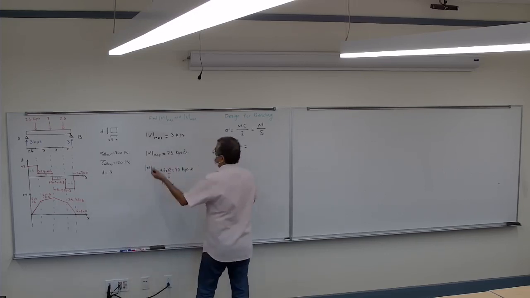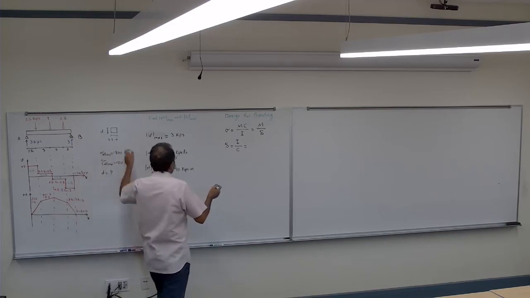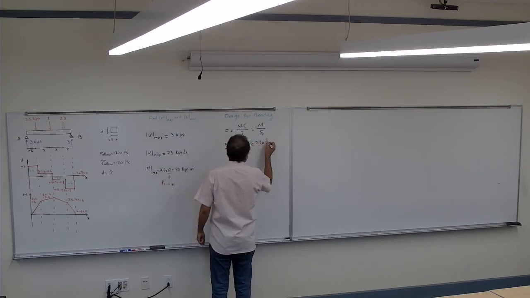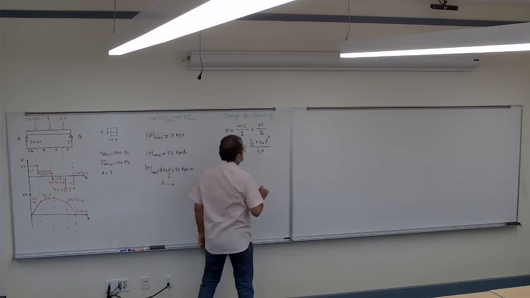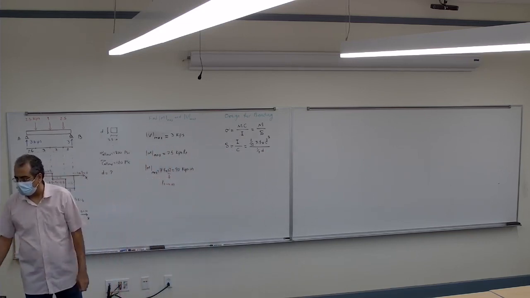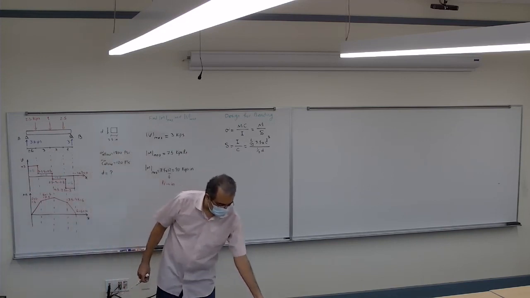So the I is 1/12 of the width, which is 3.5, times the height cubed, divided by C, which is going to be half of the d. Or you can memorize the equation or have it on your formula sheet.